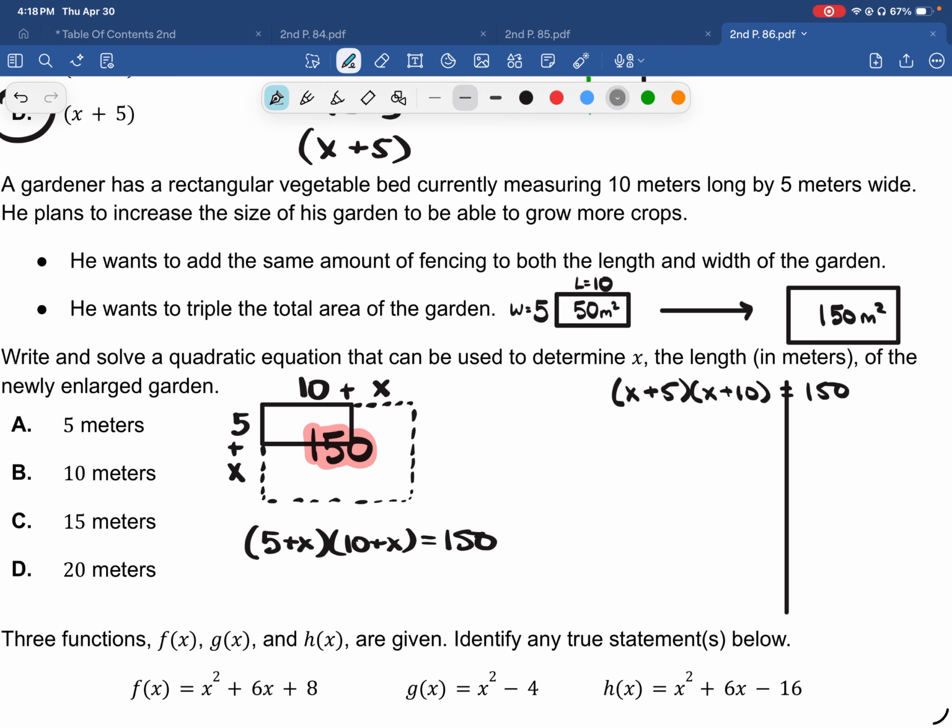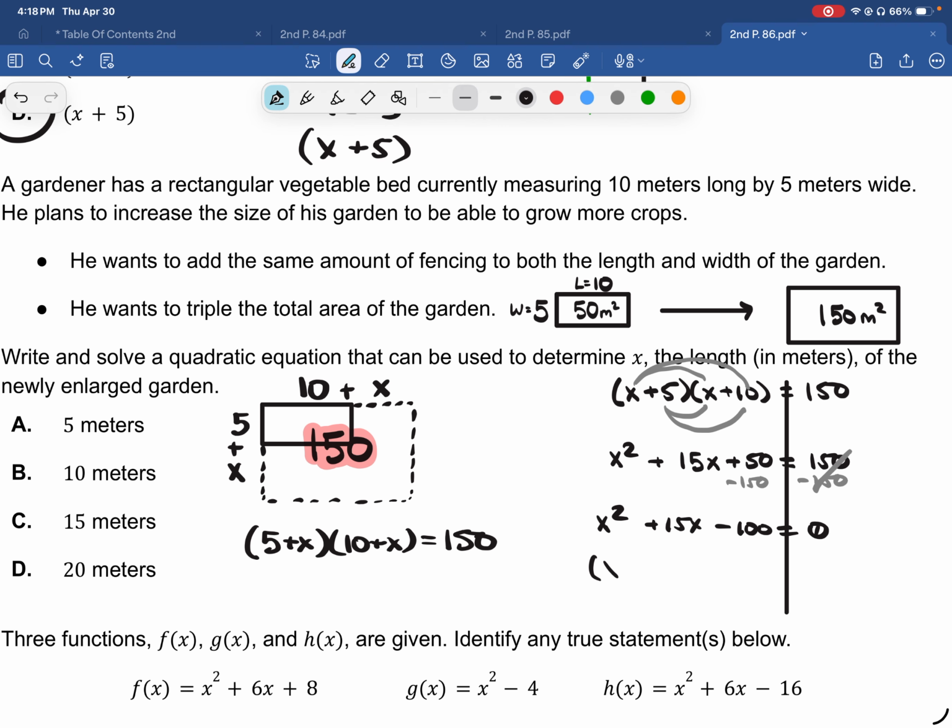So if I double distribute, x times x is x squared plus 10x plus 5x plus 50. Then I'll need to subtract 150 from both sides to get x squared plus 15x minus 100 equals 0.